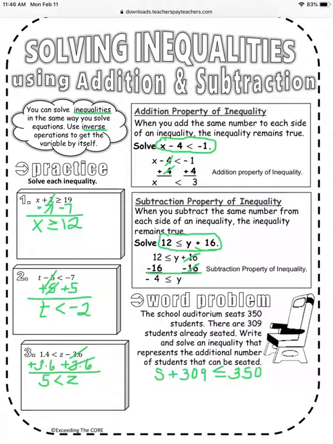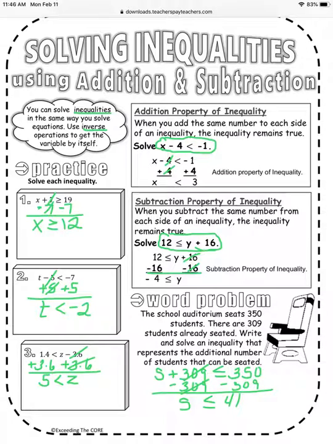Yes, you can, but if they want you to write the inequality, you really have to pay attention on how we did this. Next, I want to get the number of students by themselves, so I'm going to subtract 309 and subtract 309. And S is less than or equal to 350 minus 309 is 41.